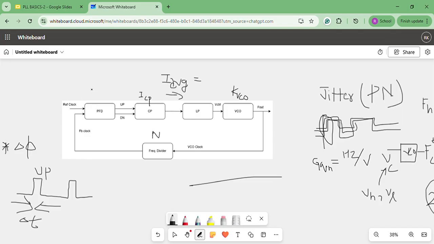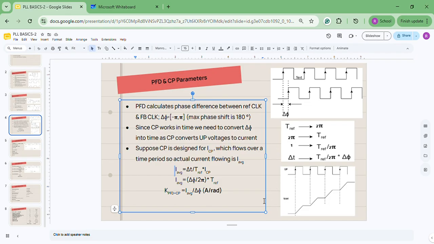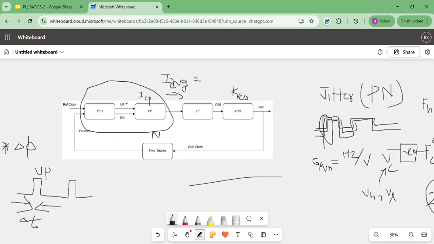Because we want to calculate the gain of this block, PFD plus charge pump. The output of this whole block is the average current, and the input of this whole block is the phase difference, which is fed back, right?